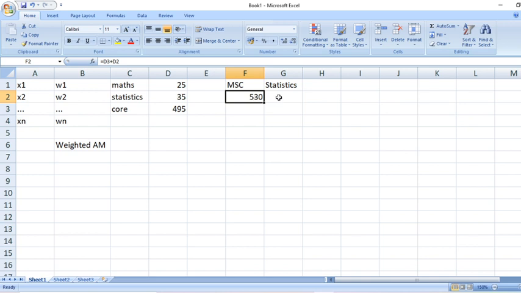So actually what we are doing is: mark in mathematics plus mark in statistics plus mark in physics, which comprise the core group, and again we add the mark in statistics.